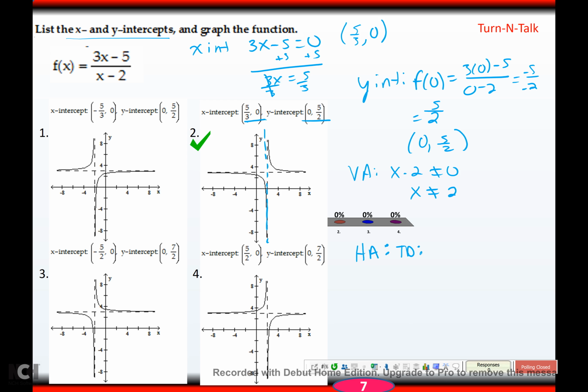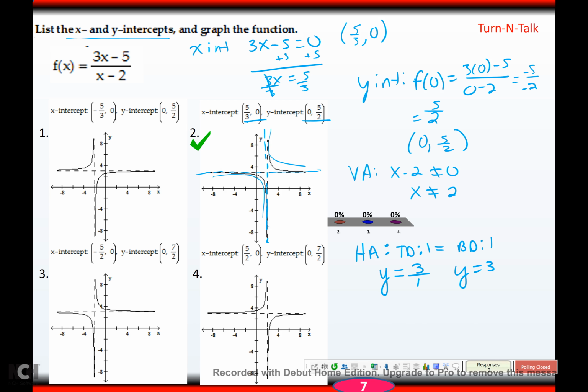My top degree is 1, my bottom degree is 1. They're equal, so my horizontal asymptote is the top leading coefficient divided by the bottom leading coefficient, which is y equals 3. So there's the right asymptotes, and then they boomerang in the quadrant.